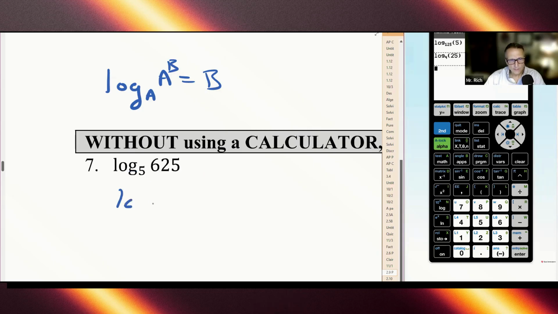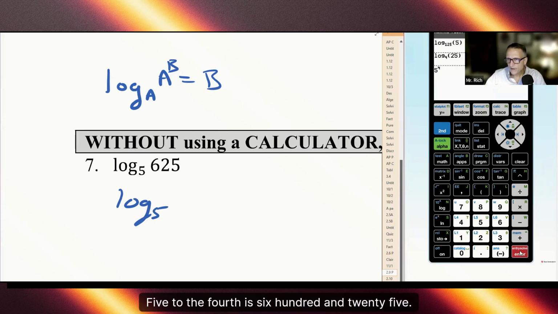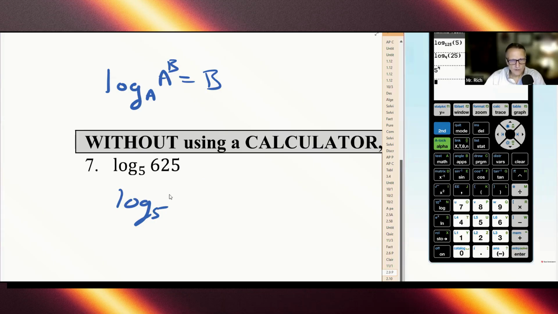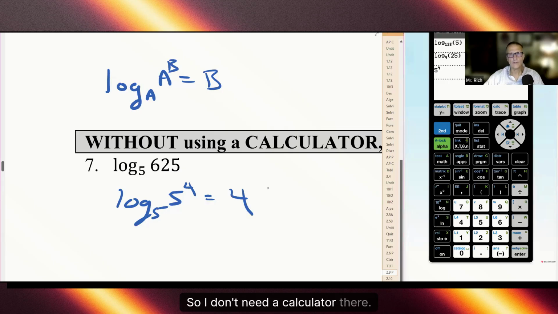Well, 625, I believe, is 5 to the fourth. Isn't that right? 5 to the fourth is 625. Yeah. So this is log base 5 of 5 to the fourth. Oh, the answer is 4. So I don't need a calculator there. My calculator could do it, but I can do it without a calculator.